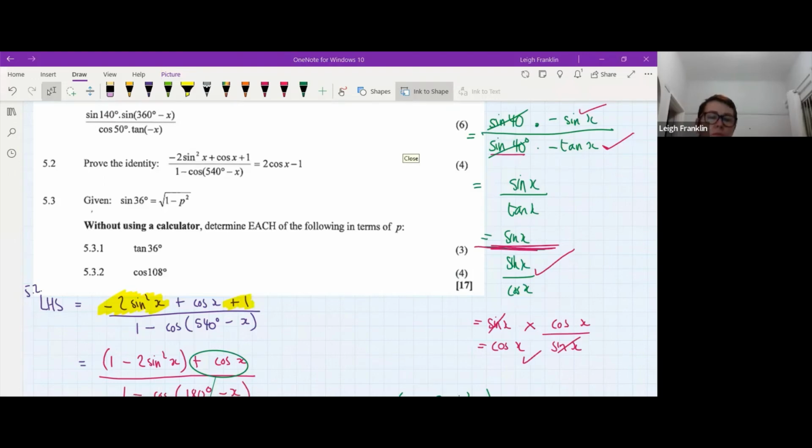Or... Ma'am, can it also be identifying the angles on both sides? When you say identifying the angles on both sides, what do you mean exactly, Cassandra? Our first angle will be 36, and then our second angle will be 90 minus 36, which is 54. Fair enough. Absolutely. But that would have been after you had drawn the diagram, wouldn't it? That would be working out what the angles inside the triangle would be. Absolutely.